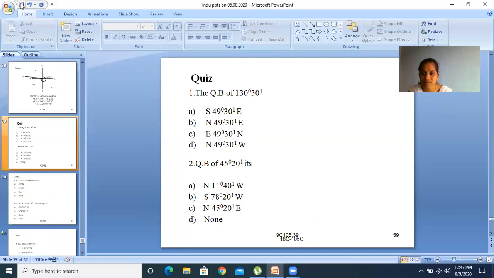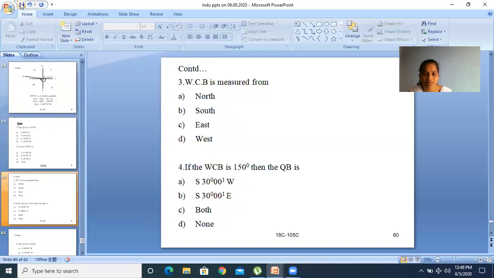The quadrants are southeast. So that is A. Second quiz: QB of 45 degrees 20 minutes. That is in the first quadrant. The value is same as WCB, 45 degrees 20 minutes, but the quadrants are northeast. That is C.